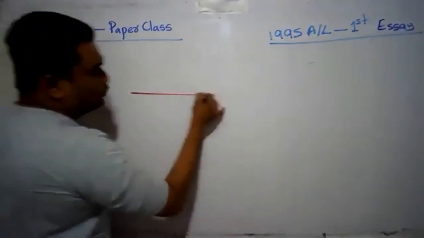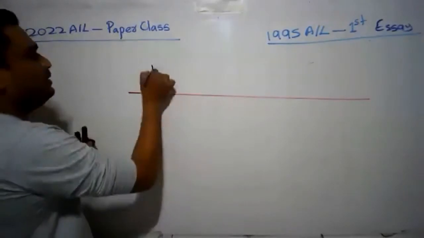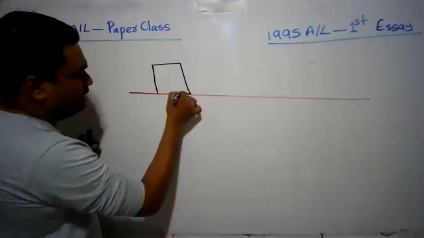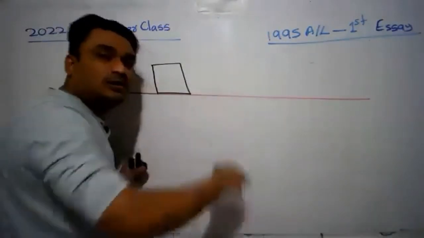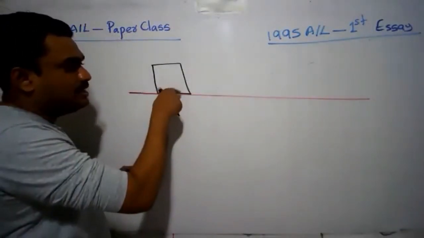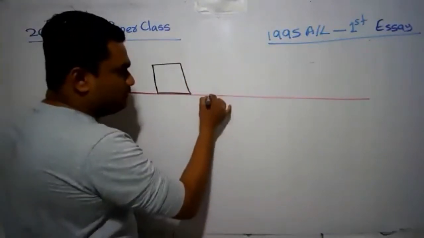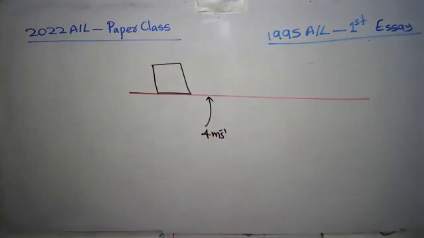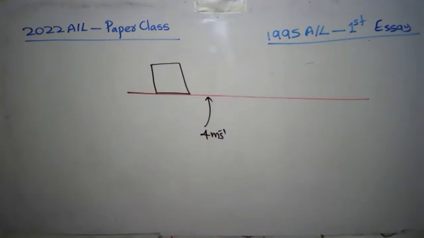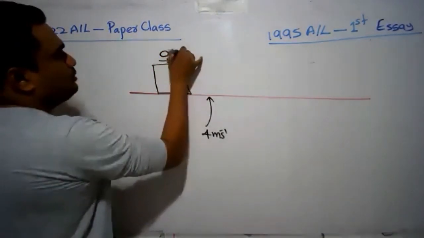The belt is moving with a certain velocity. At the time when the box is placed on the belt, the box will slip. The box will slide on the belt. So there will be a difference in velocity of the box and the belt. The belt is moving with the velocity of 4 meters per second, as I remember. Is it correct? Yeah. But the initial velocity of the box is 0. So it means there's a gap.